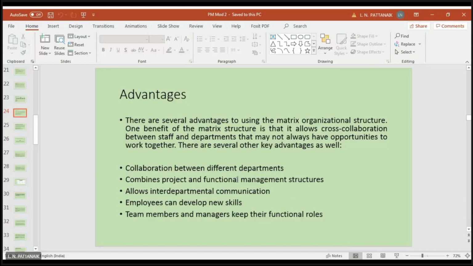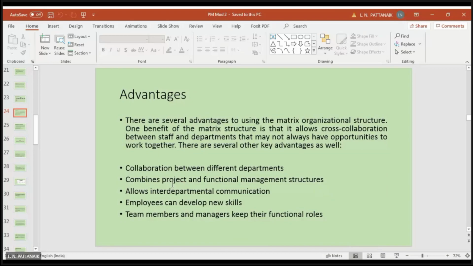Collaboration between different departments. So better communication and collaboration happen because of this nature. It combines project and functional management structure. As I said, it is a kind of hybrid or combination of functional as well as product based organization. So product is replaced with project here.